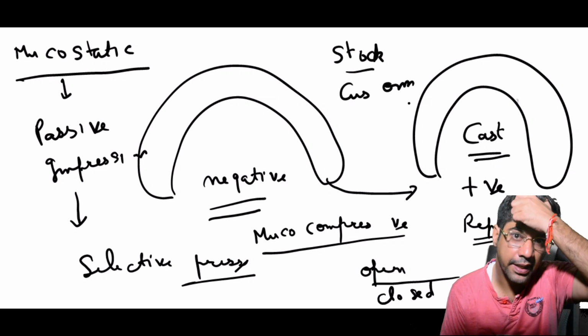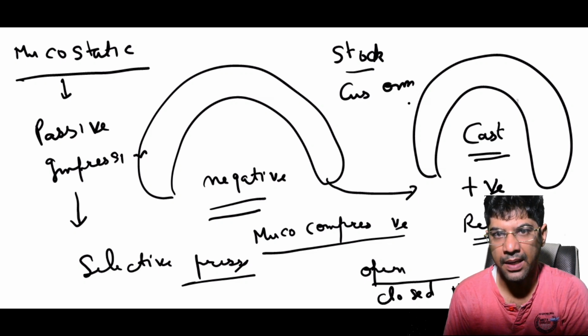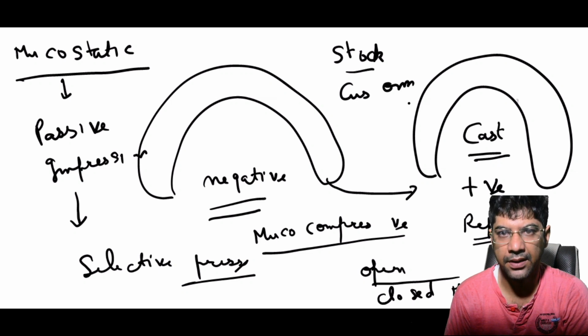According to the purpose, we can classify impression as diagnostic impression, that provides a preliminary view of the oral tissue. We can classify them as primary impression. Primary impression is used to create a preliminary cast and special tray. Other is secondary impression. It is taken with a special tray.